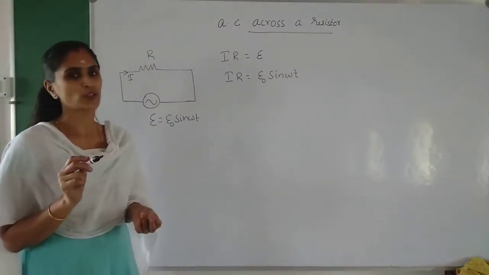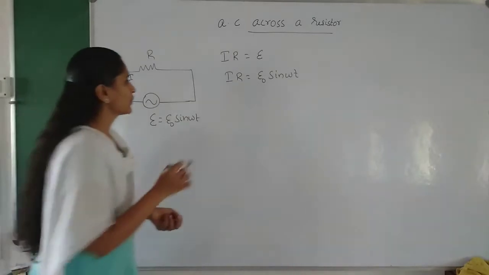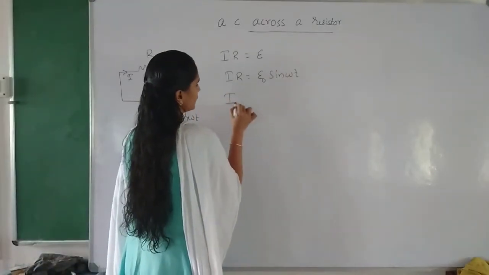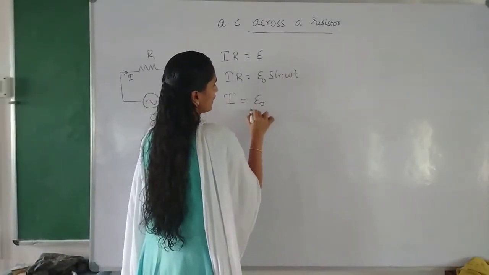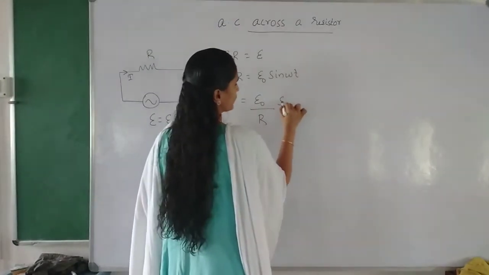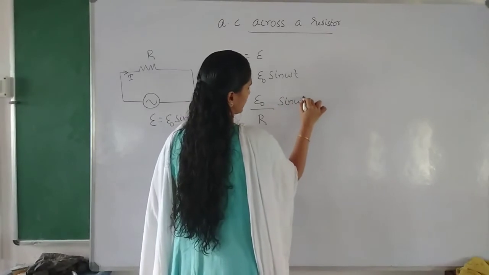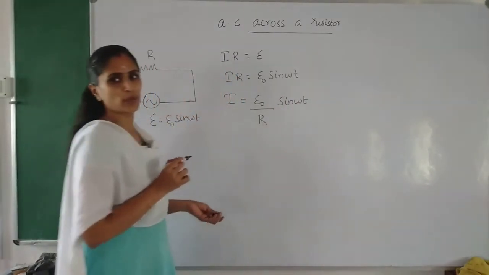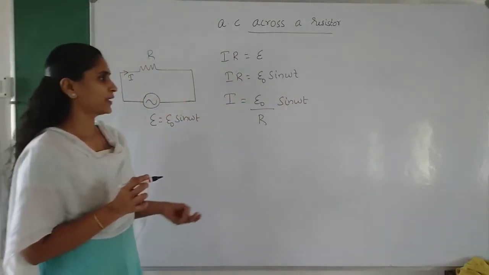Or we can write I is equal to E0 by R into sin omega t.